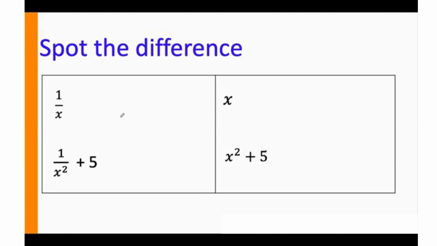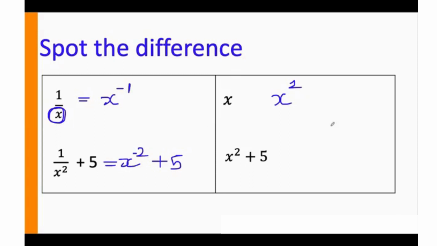Now let us spot the difference here. Since the variable is in the denominator here, if we bring it to the numerator, the power of this variable is going to be -1. However, here the power of this x is going to remain +1. In this case also, you can see it is x raised to -2 plus 5, because x squared is in the denominator, so the power becomes negative if we take it up to the numerator.